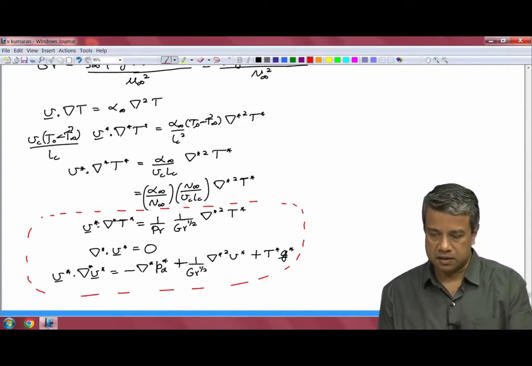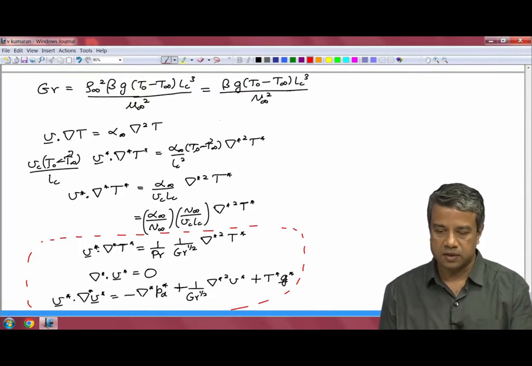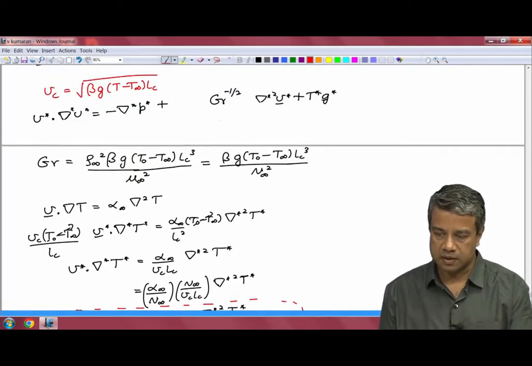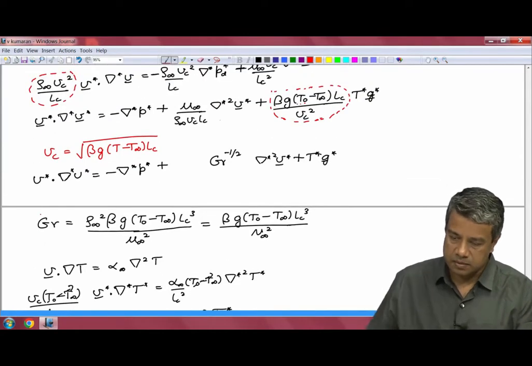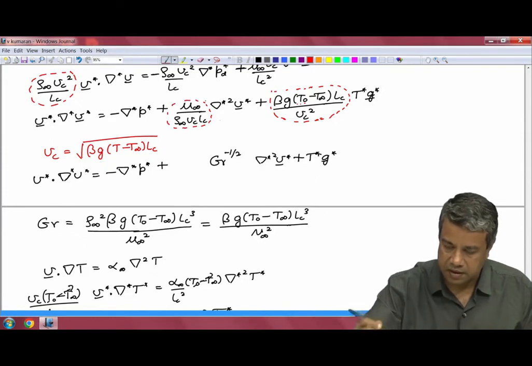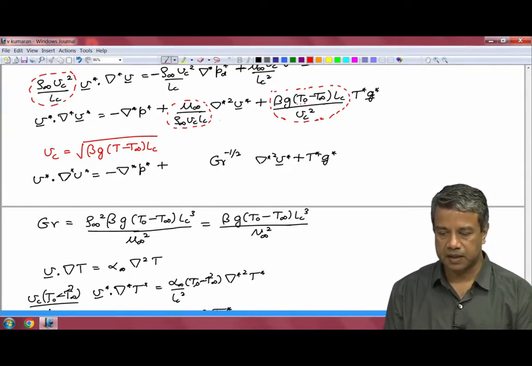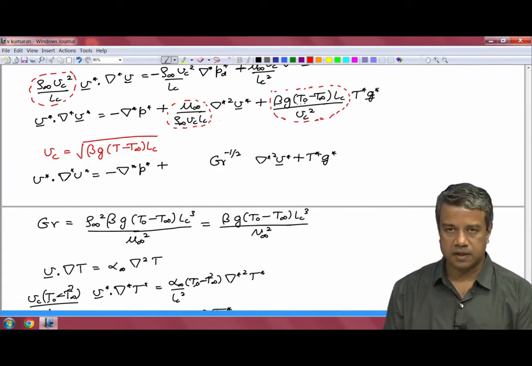And the other is what is called the Grashof number, which, as I told you, is the square of a Reynolds number. Okay. The Reynolds number based upon the characteristic velocity is rho infinity times the characteristic velocity times the length scale divided by mu infinity.